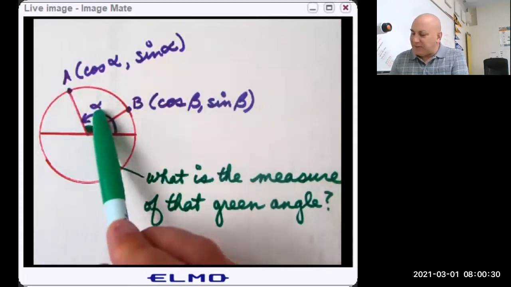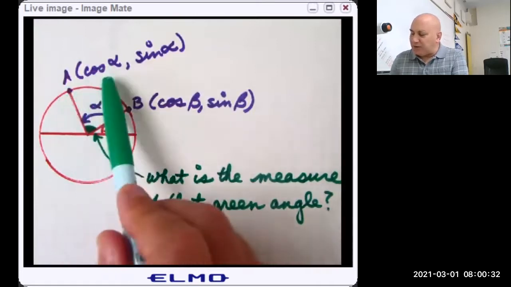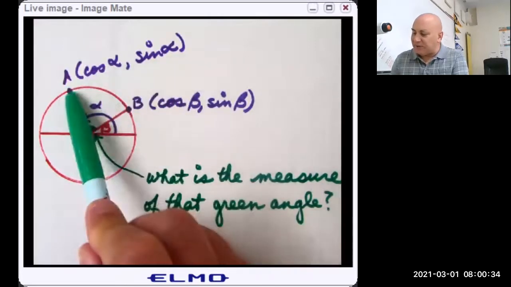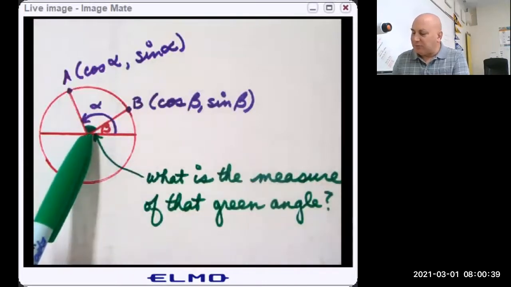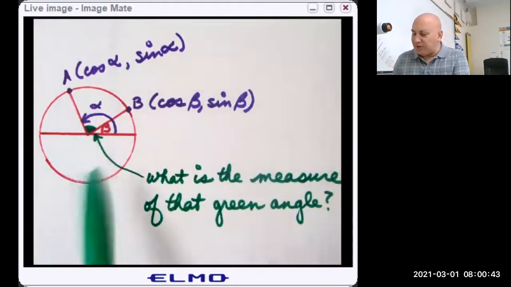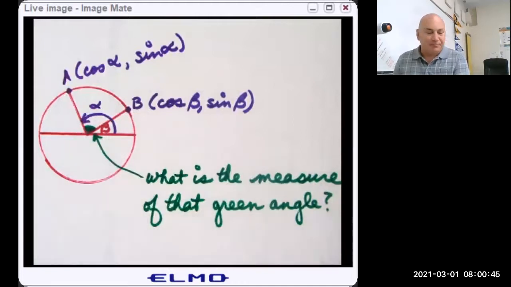That's angle alpha, and its coordinates are cosine alpha, sine alpha, right here. So what is the measure of this green angle? You should be able to answer that to yourself. What is this green angle's measure?